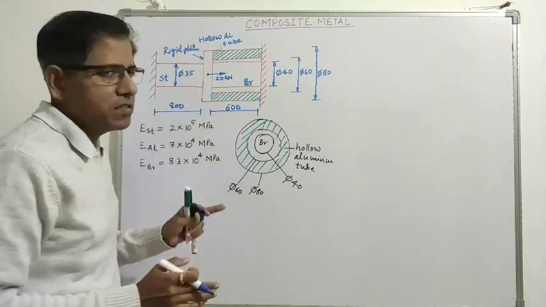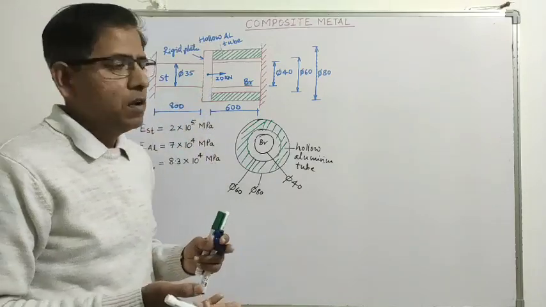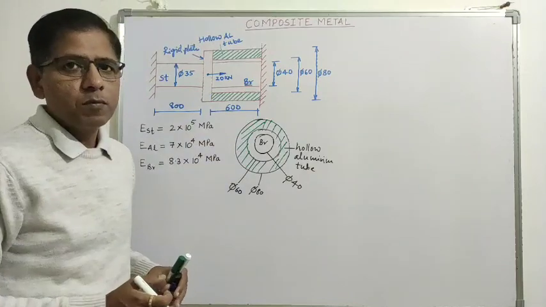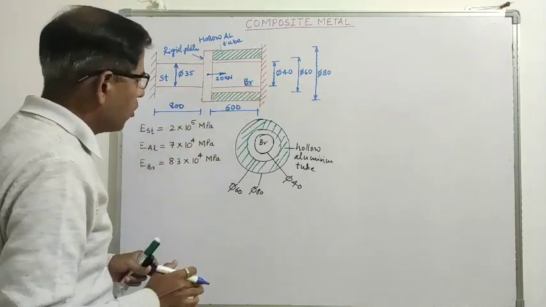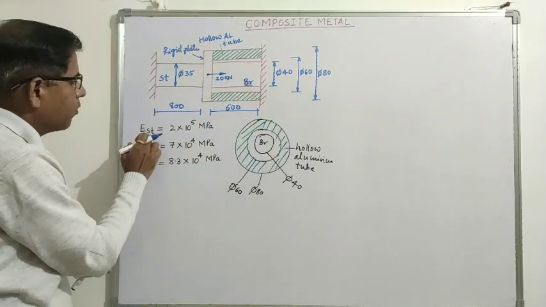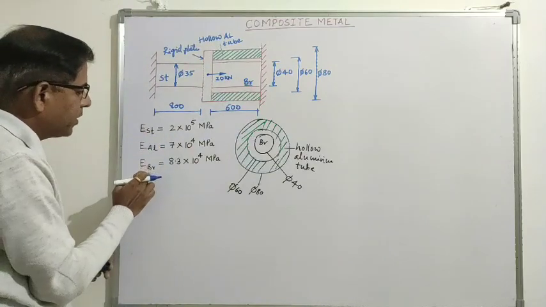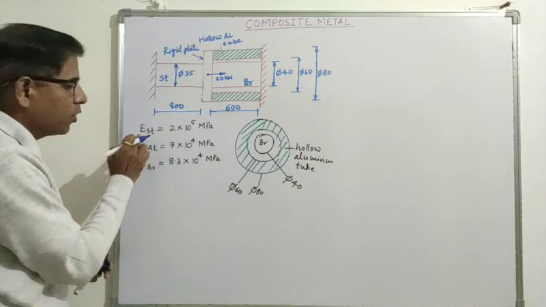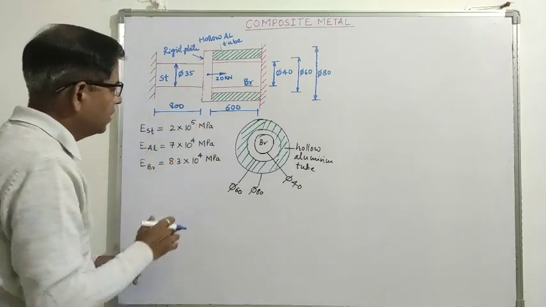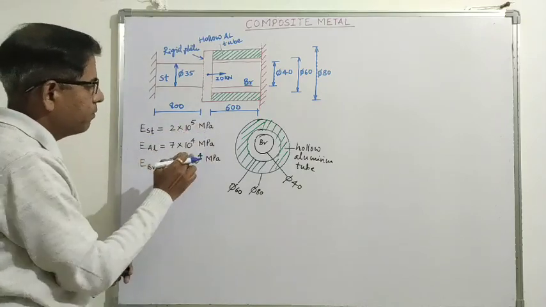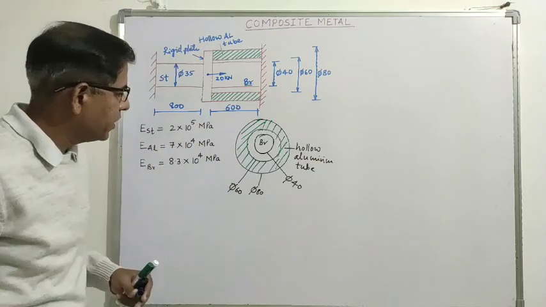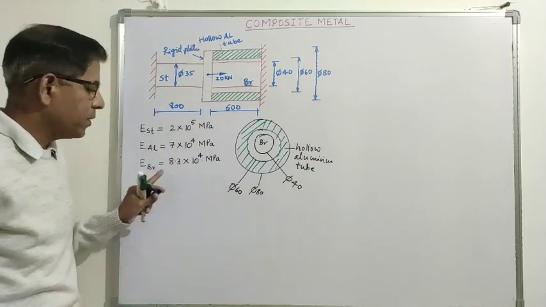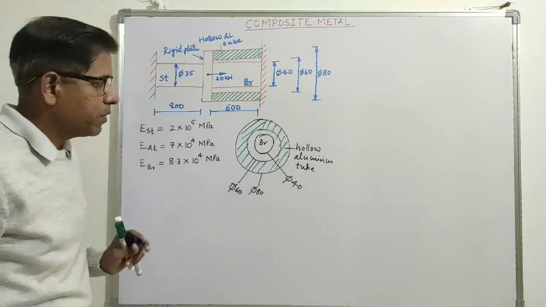It doesn't come into the formulation of the FEM problem. Then the physical properties are given. The modulus of elasticity is 2 into 10 to the power 5 megapascal, 7 into 10 to the power 4 megapascal, and 8.3 into 10 to the power 4 megapascal for steel, aluminium and brass.